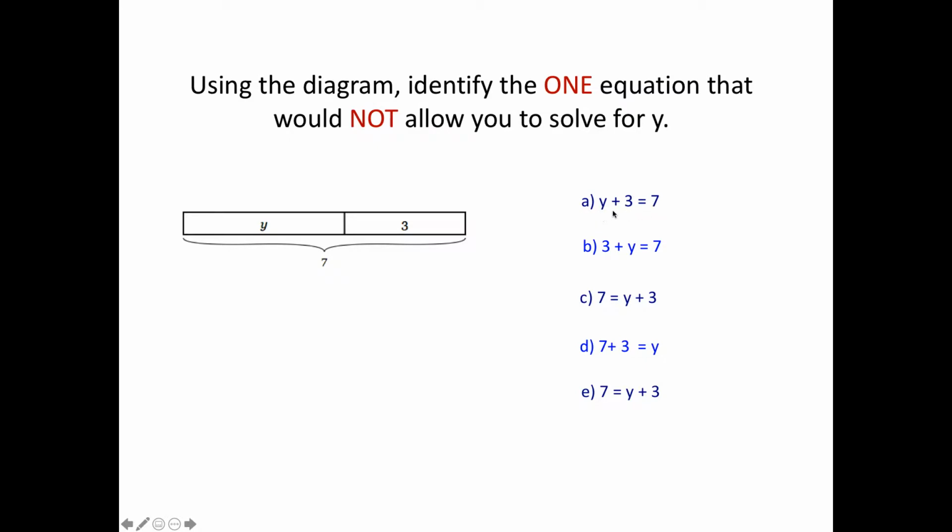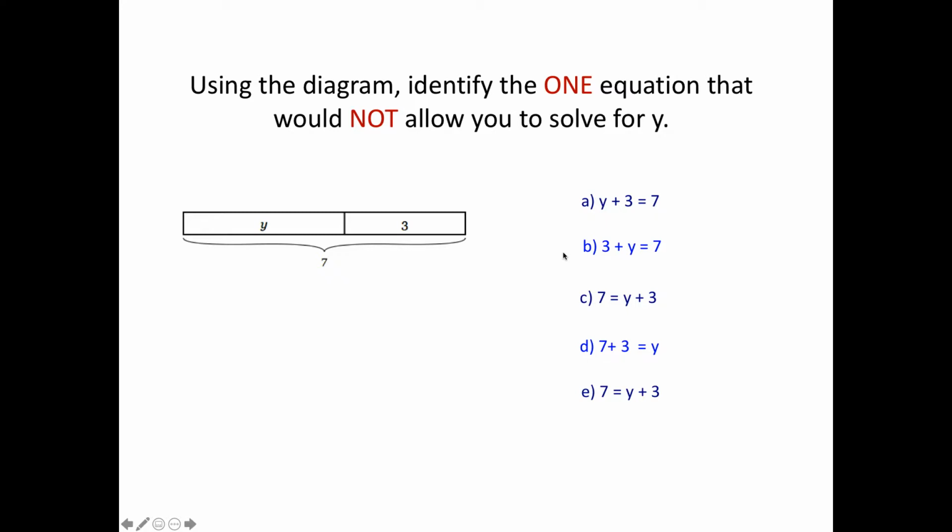Yeah, that makes sense because we're adding y and 3, and we get 7. In the second equation, it says 3 plus y equals 7. Well, the only difference between the first one and the second one is that we flipped 3 and y. So that makes sense. In the third equation, it says 7 is equal to y plus 3.